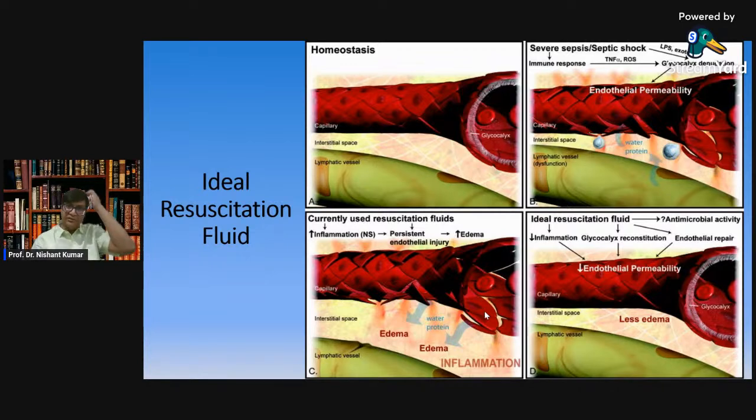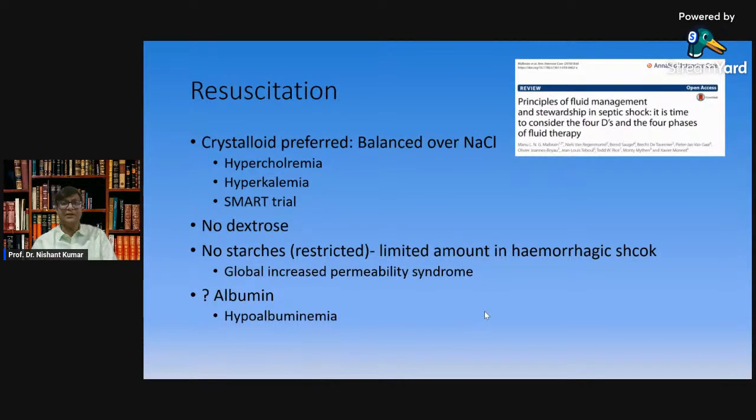So currently used resuscitation fluids like NS will increase inflammation, enhance endothelial injury, and increase edema. An ideal resuscitation fluid should decrease inflammation, reconstitute the glycocalyx, repair the endothelium, decrease endothelial permeability, and have some amount of antimicrobial activity, so that there is less edema and less cumulative balance.